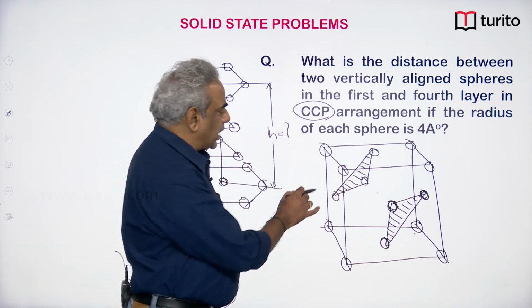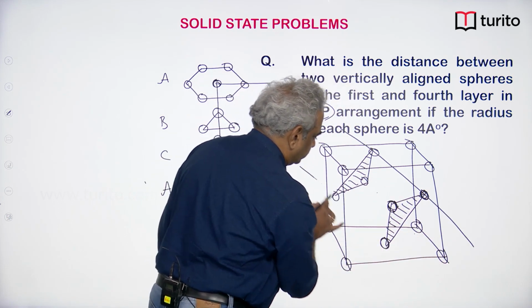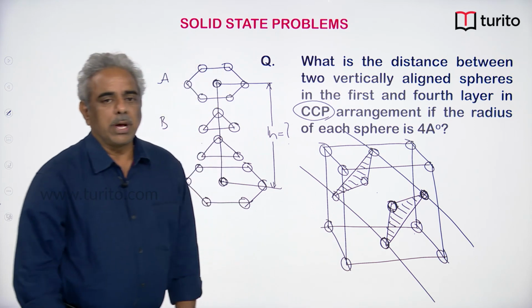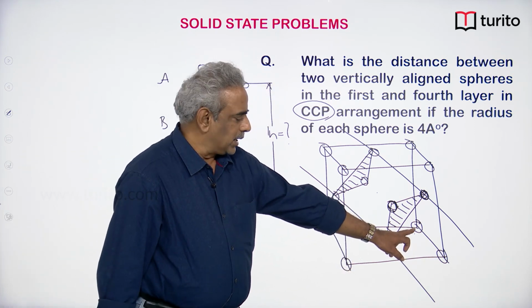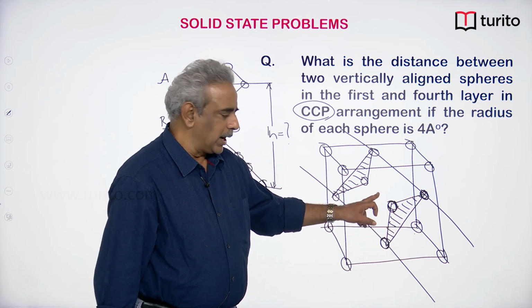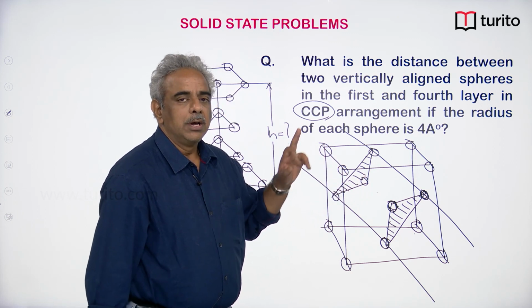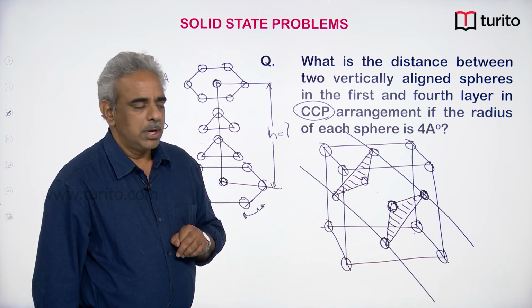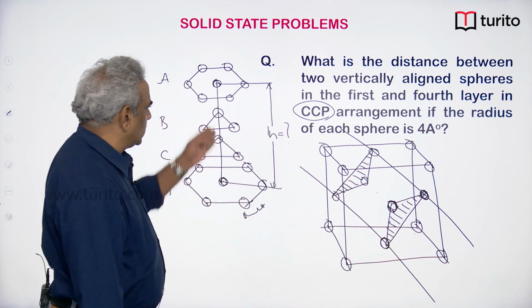So, if you travel this way, what are you coming across? One sphere, one tetrahedral void, one triangular void, one octahedral void, one triangular void, one tetrahedral void, one sphere. So, if you connect this sphere and this sphere, you will be getting this height.